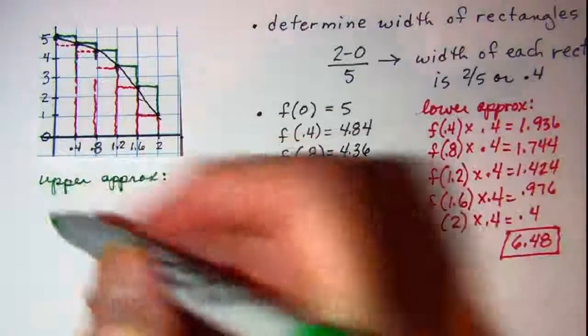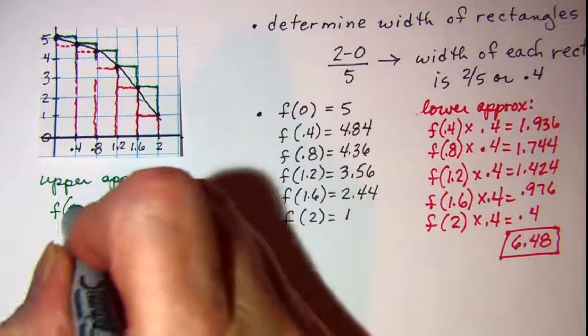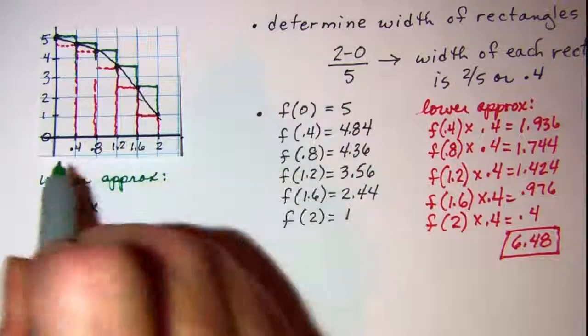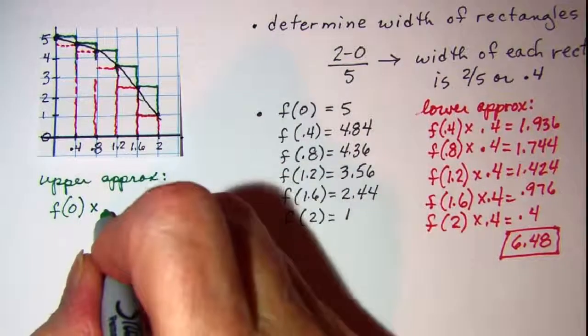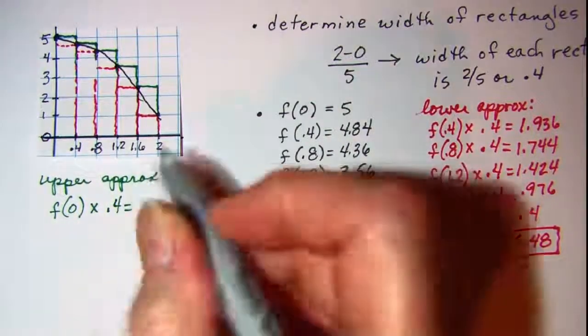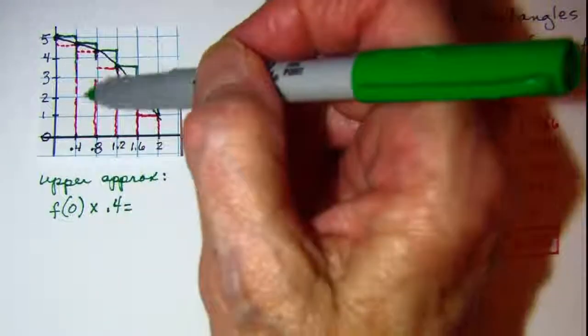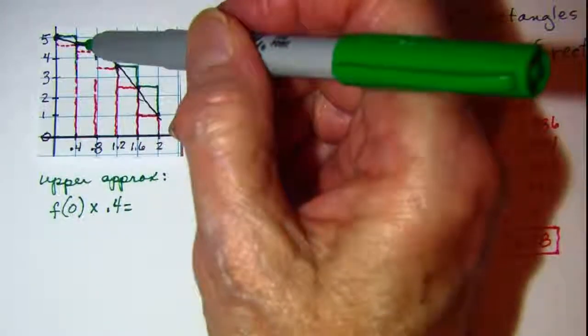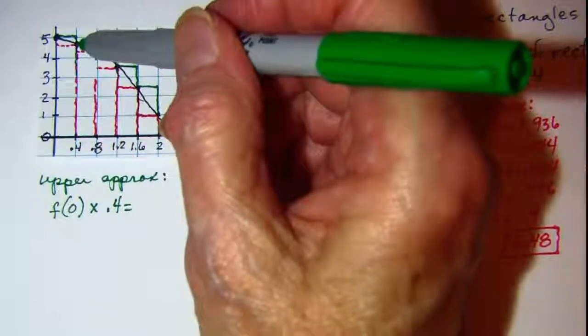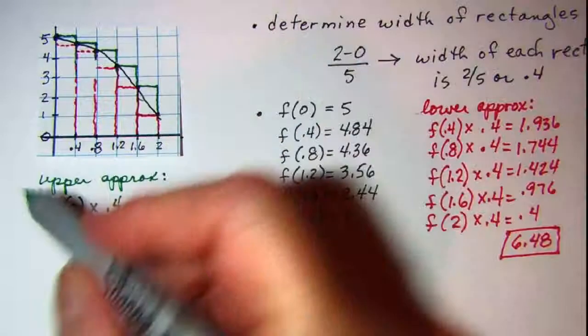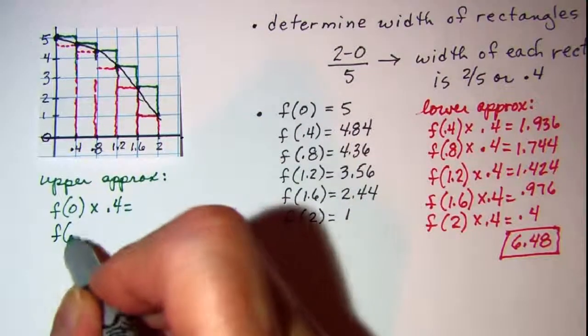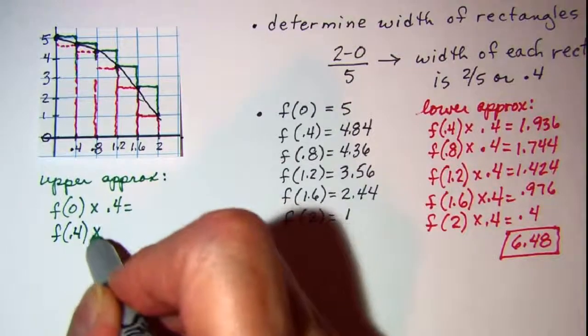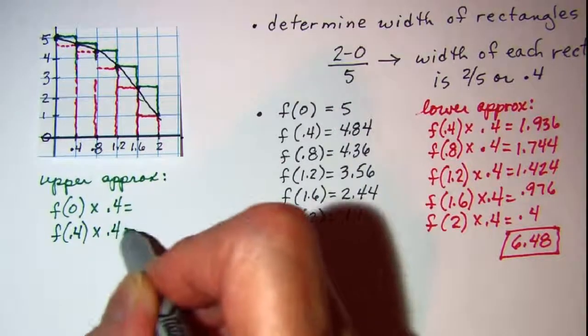So it'll be f of 0 multiplied by the width of the rectangle, which is still 0.4. For my second rectangle, the height is the y value when x is 0.4 times the width of my rectangle.